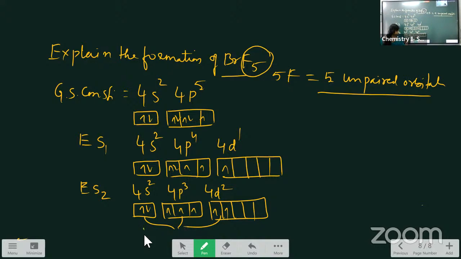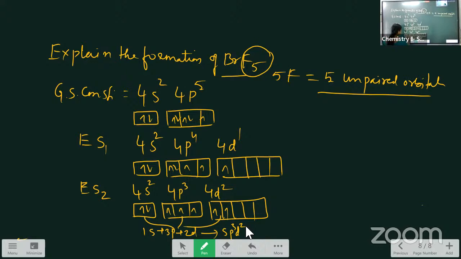So 1 s orbital, 3 p orbitals plus 2 d orbitals, they undergo sp3d2 hybridization, right?